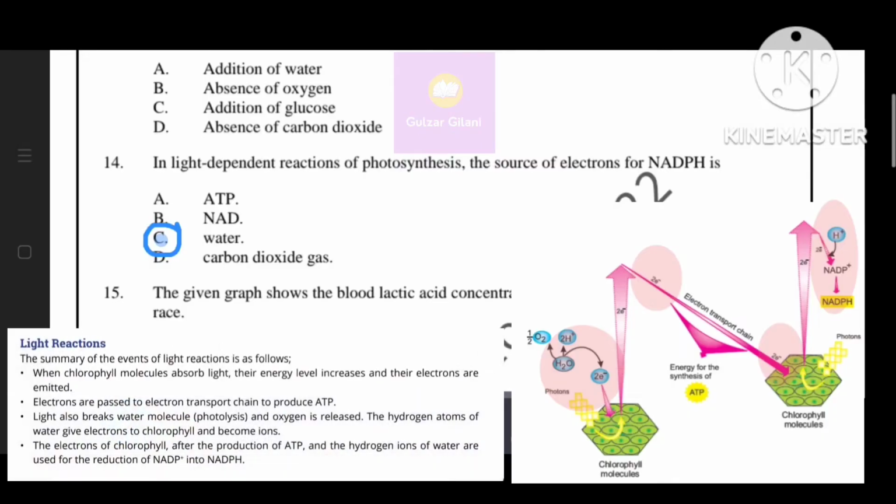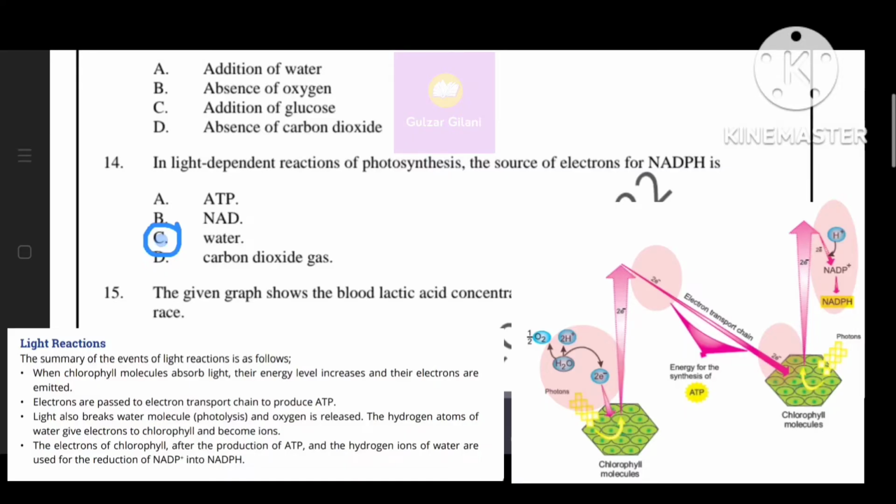As you know, when chlorophyll molecules absorb light, their energy level increases and their electrons are emitted. Electrons are passed to the electron transport chain to produce ATP. Light also breaks the water molecule (photolysis) and oxygen is released.